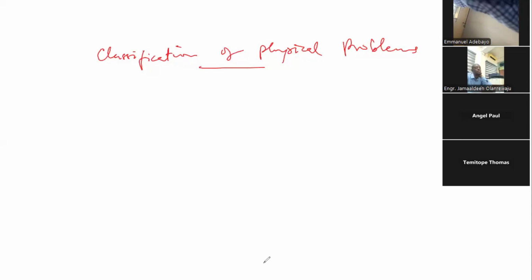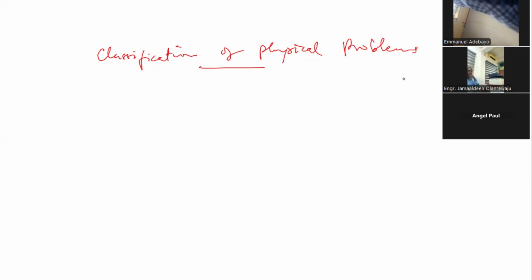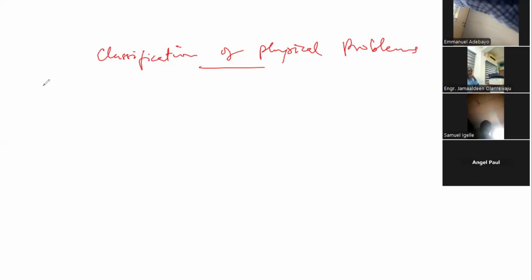Okay, that's fine. I think you just gave us a general overview, a broad overview, of these physical problems and how we could model them. Awesome. Now I'll try to be a little specific this time. So when we try to analyze some problems, I know we made mention of some problems that are boundary value problems.